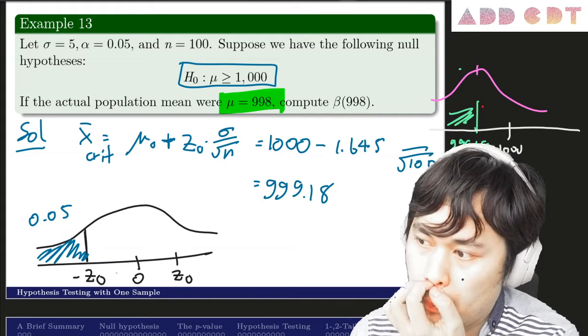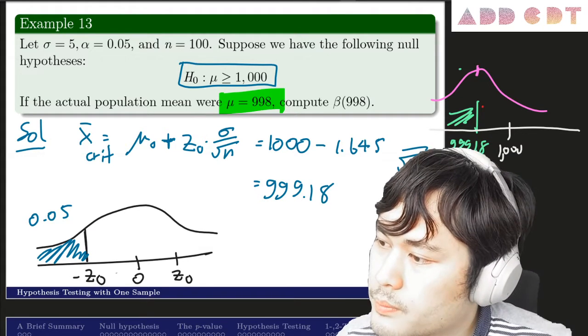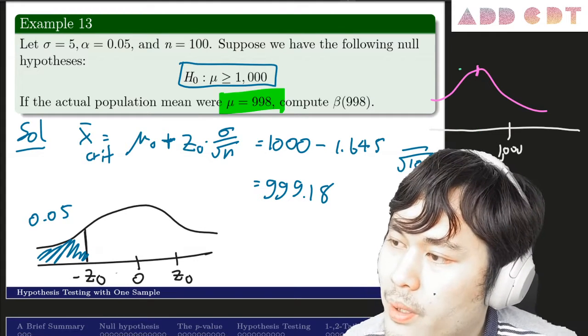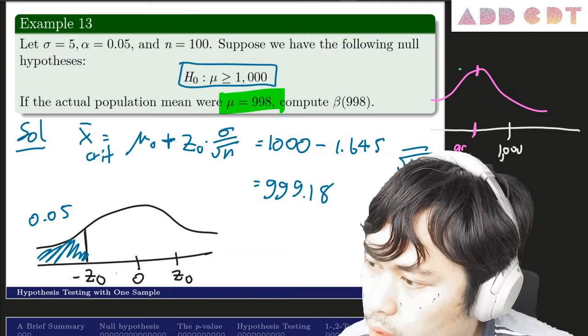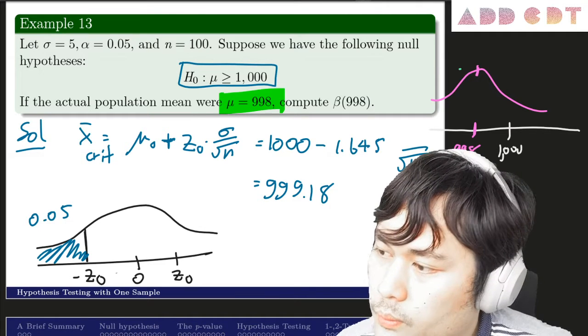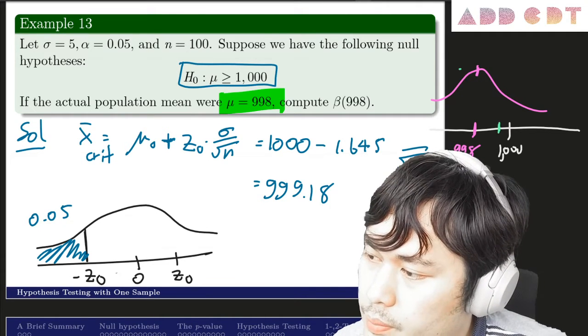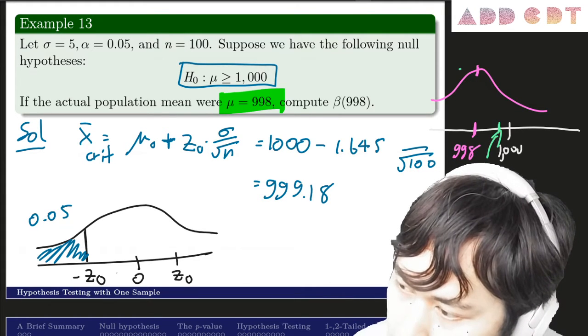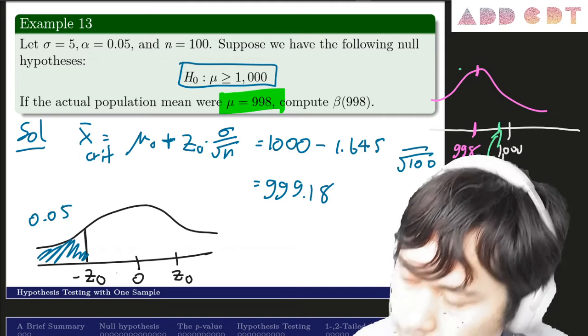If the actual mean were 998, and we have that point here, let's say 999.18.